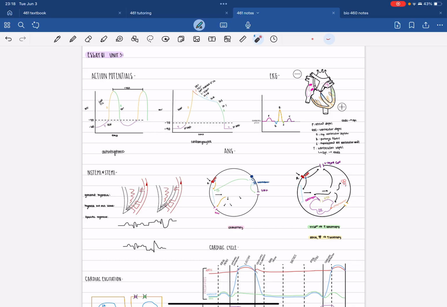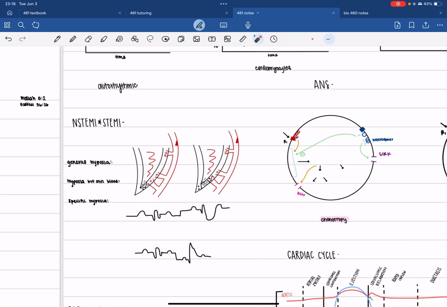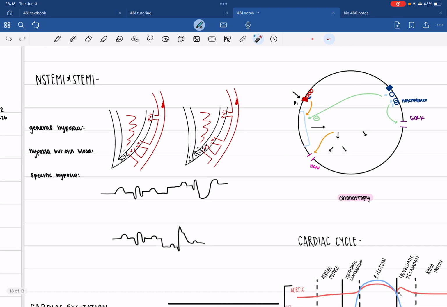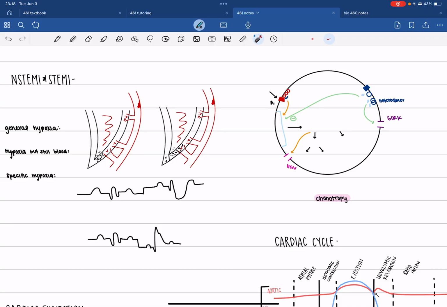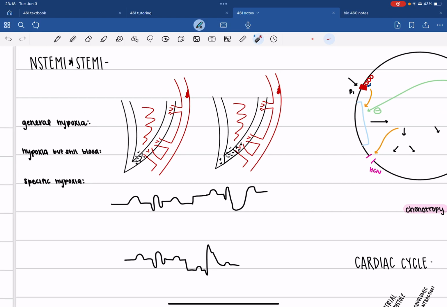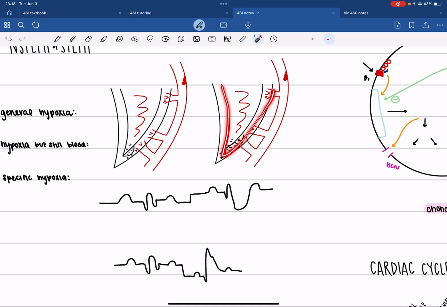Next on our list to talk about is going to be our NSTEMI and STEMI. Now, what this means is that we're having essentially blockage in, so this is like the left ventricle wall with like blood supplying it.